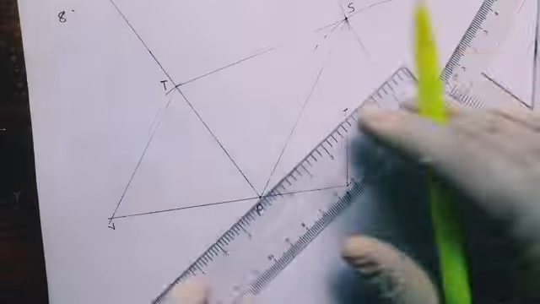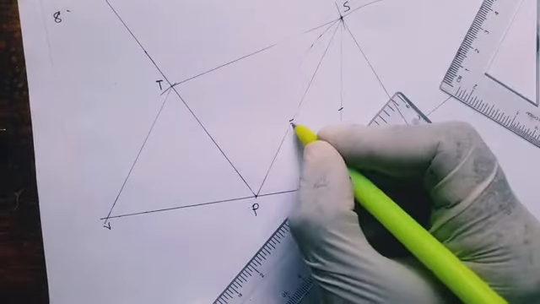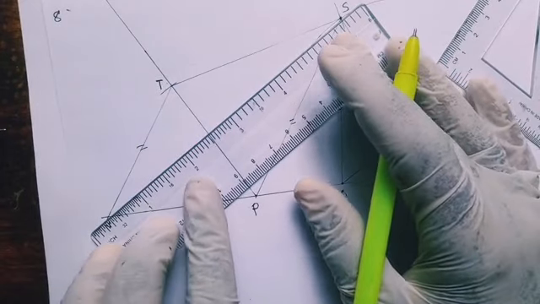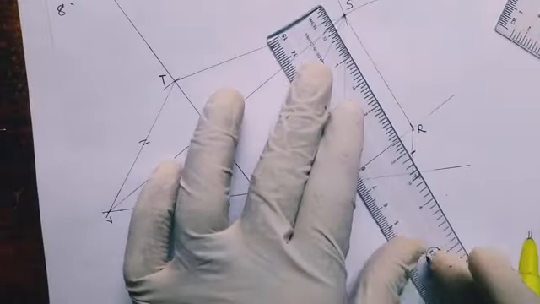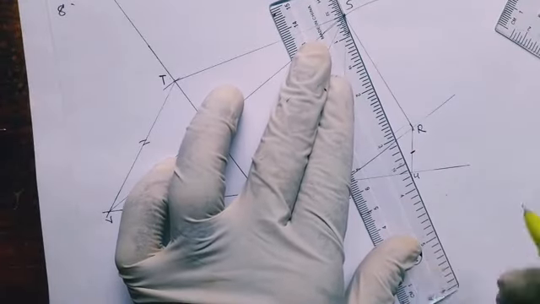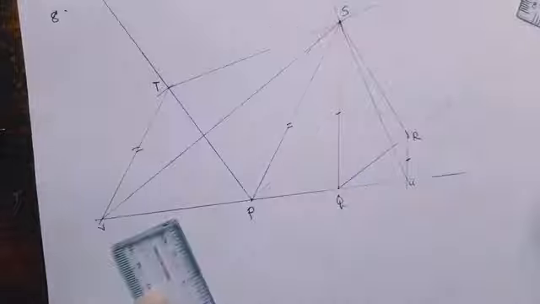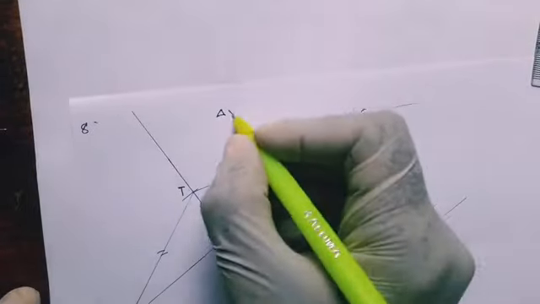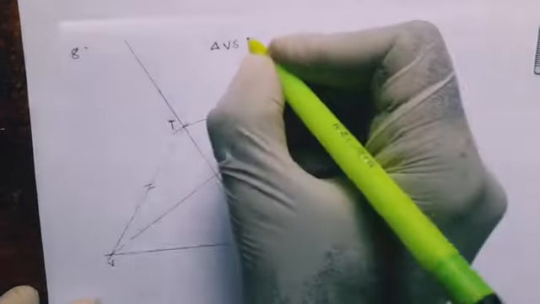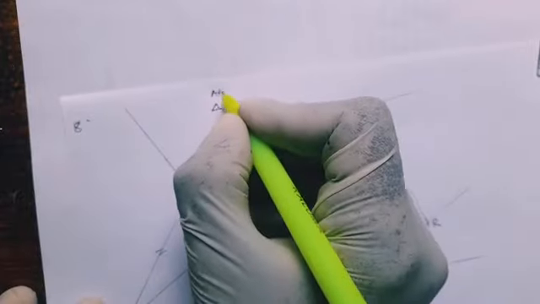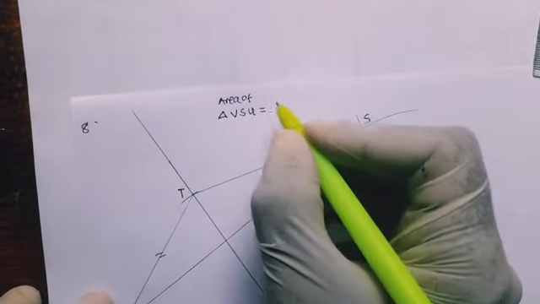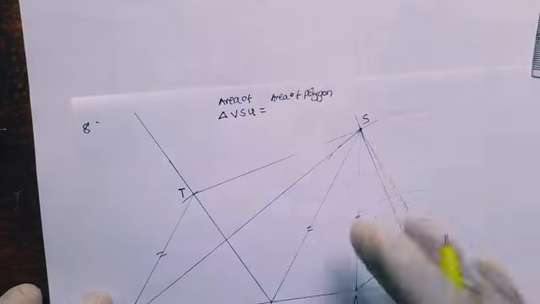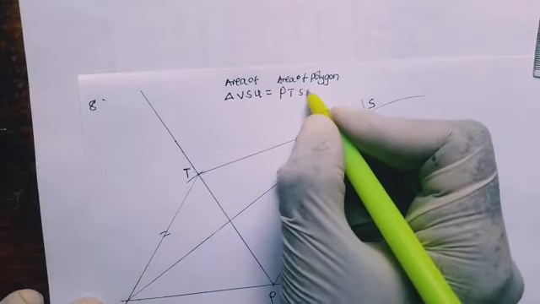So you now draw a line from S to V, then from S to U. So this triangle SUV is equal in area to the polygon. We can say the area of triangle VSU is equal to the area of our polygon PQRST.